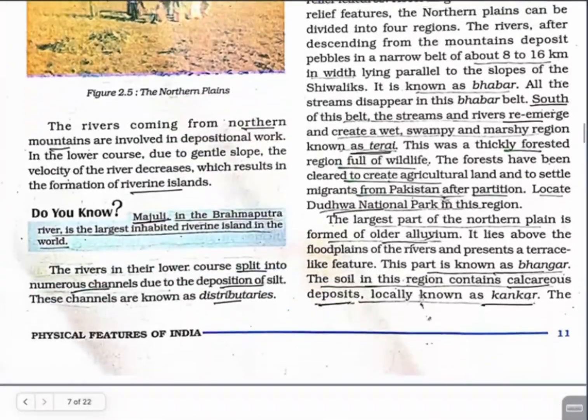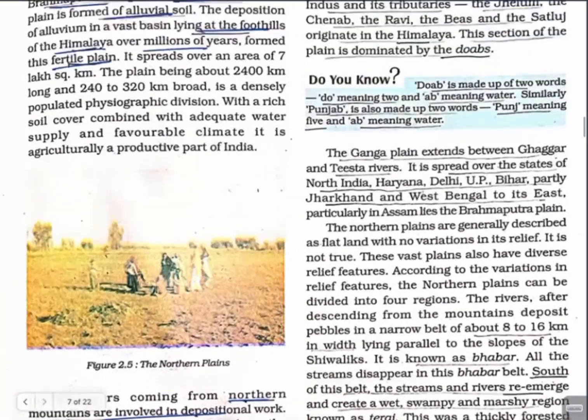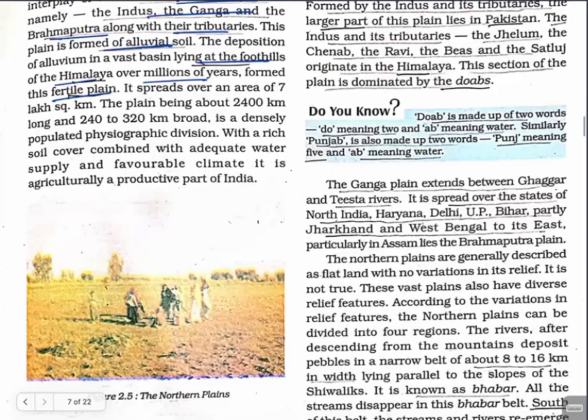So the rivers coming from the northern mountains are involved in depositional work. If we talk about the northern plains, they stretch from Jammu to Arunachal Pradesh, narrower in the west and wider in the east.